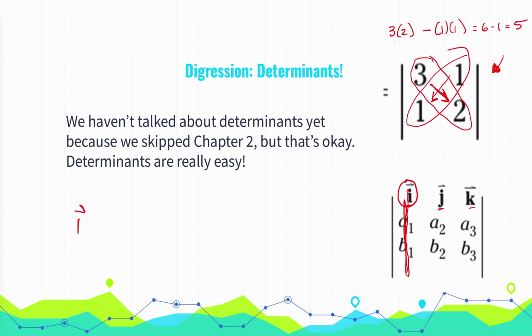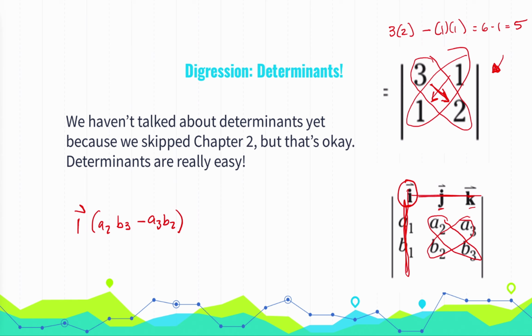We're going to ignore the i column. Now, find the determinant of what's left over. You can also think about it as crossing out this row. So that would be A2, B3, minus A3, B2.